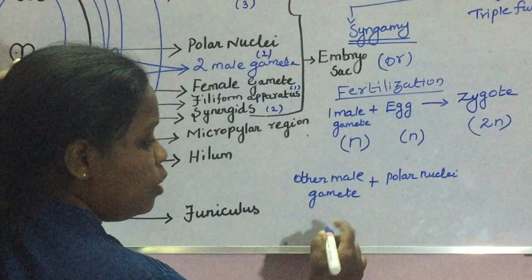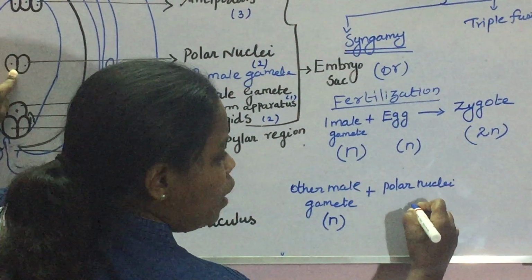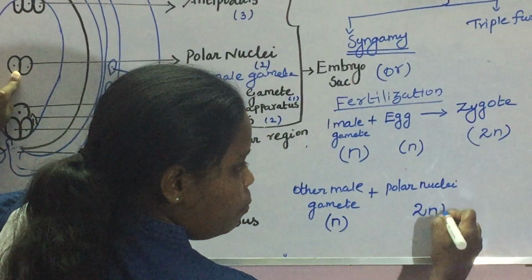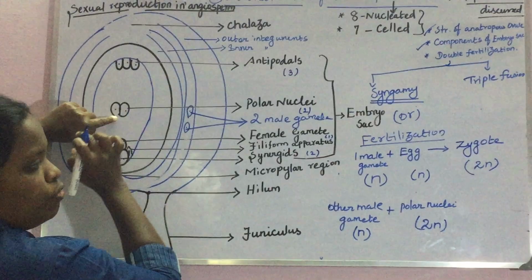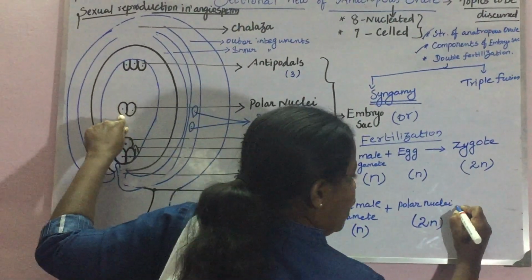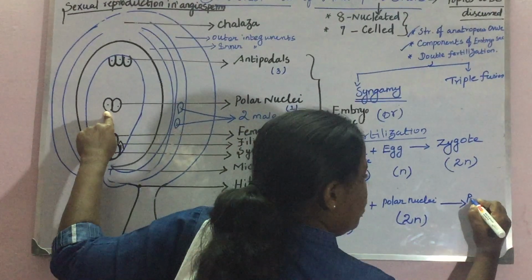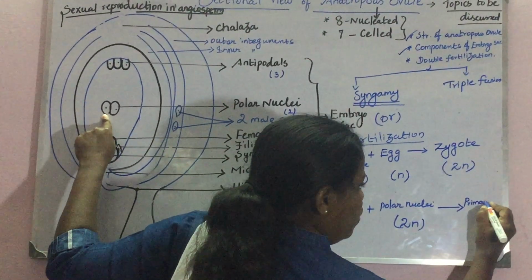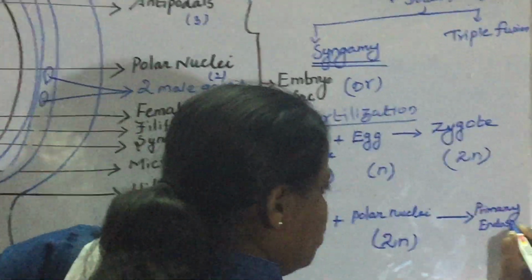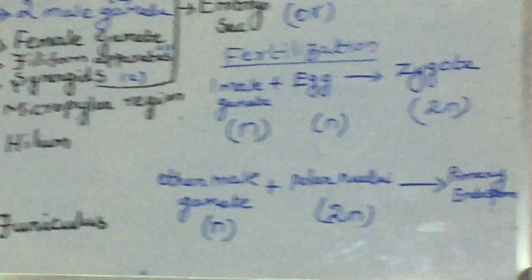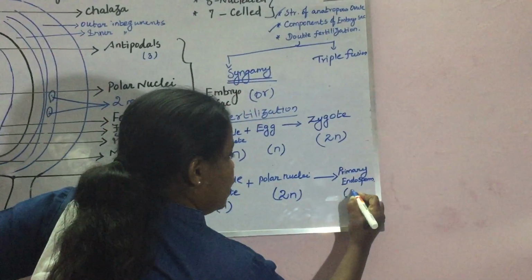The chromosome number of the male gamete is n, and the polar nuclei are 2n. That means two nuclei are there, one n and another n, so totally 2n. As a result of this fusion, we'll get a primary endosperm. Can you say what is the chromosome number of the primary endosperm? 3n in number.